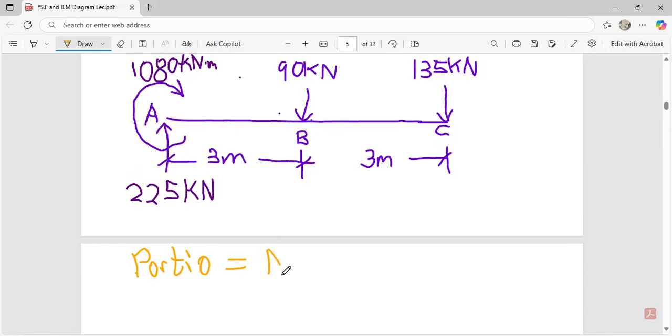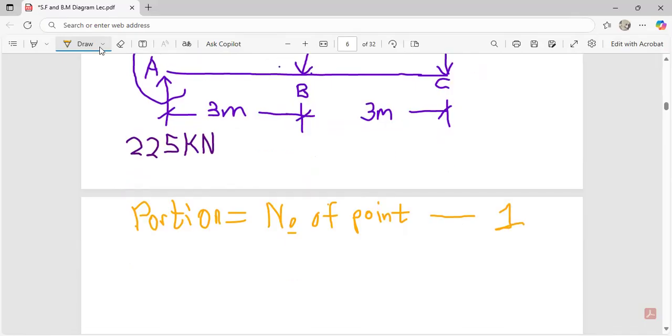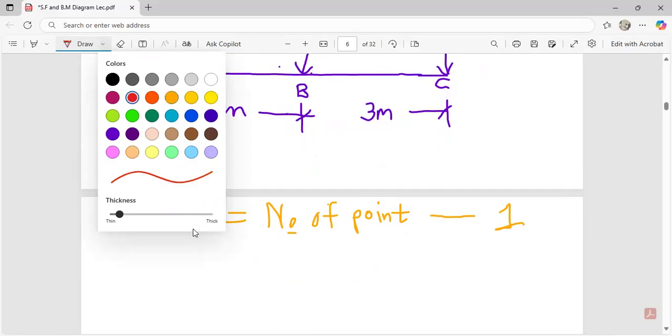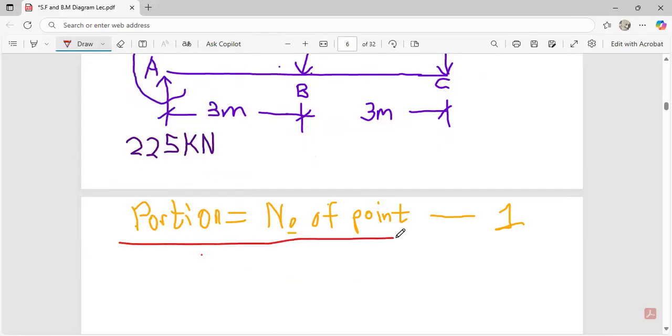The number of points minus what? 1. Okay? So that is how you're going to know the number of portions you are going to be cutting. Good. So you can keep this somewhere. You will need it.